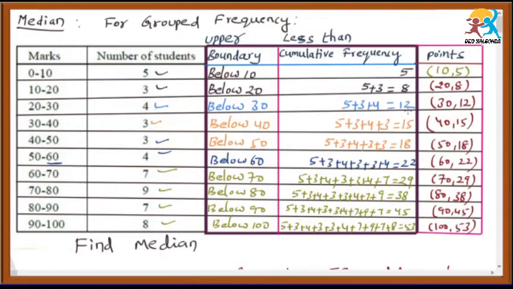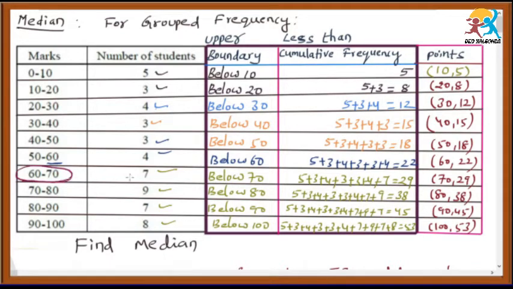After the 12th term, that means the 13th, 14th, 15th terms will be 30 to 40 class interval. After the 15th term, 16, 17, 18 terms will be 40 to 50. After 18 we get 19, 20, 21, 22, these 4 terms will be 50 to 60. And after 22, the 23rd, 24th, 25th, 26th and 27th terms will be 60 to 70.